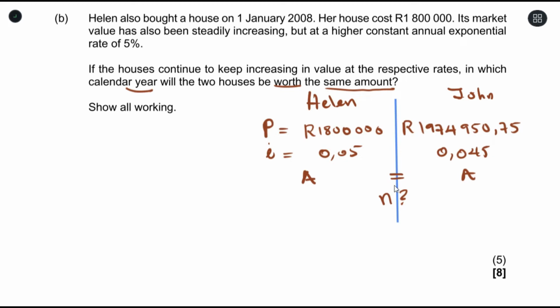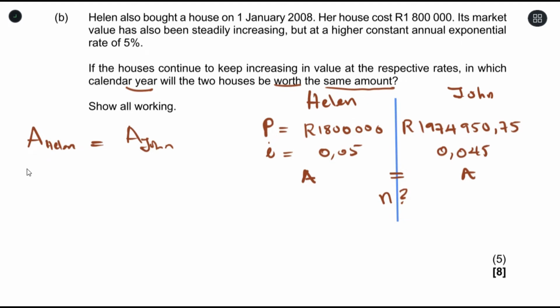So what we're going to use here is compound interest. The accumulated amount for Helen will be equal to the accumulated amount for John. Using the compound interest formula, P(1 + i)^n equals P(1 + i)^n.